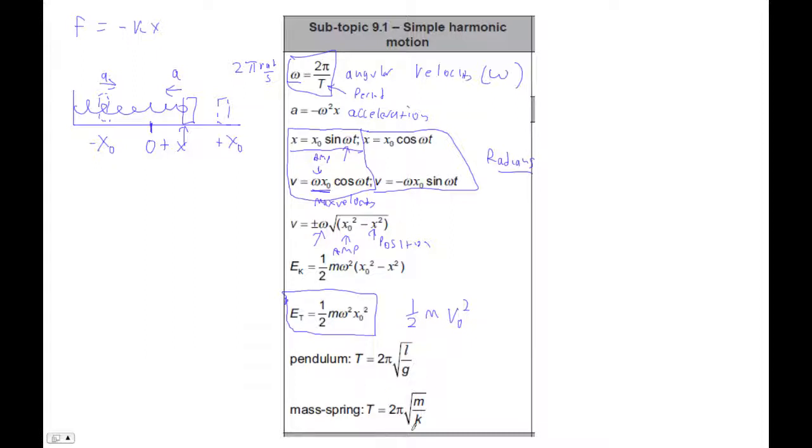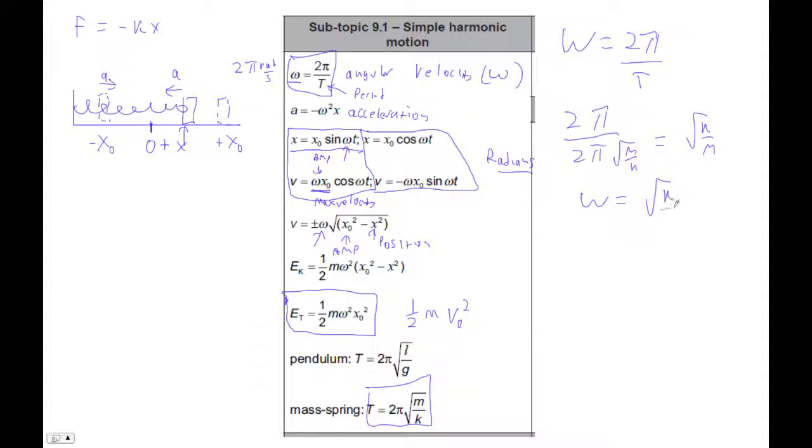And then if we do some maths here, right? Omega is 2 pi over T, right? And then if we plug this in for T, well, 2 pi divided by 2 pi times the square root of m over k is just square root of k over m, right? So omega secretly is square root of k over m, right?